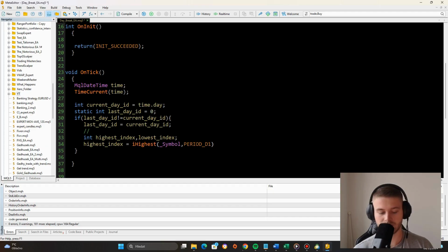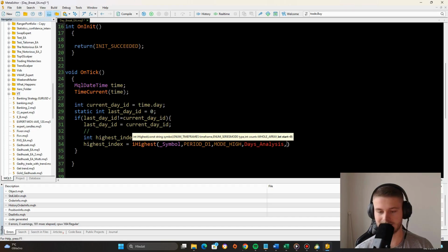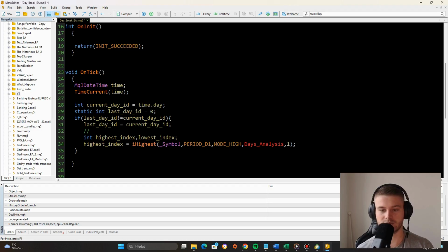Okay, so now MODE_HIGH, so I'm looking for the highest point. Count will be equal to daysAnalysis and starting at position 1, I guess. So this will return the index of the bar with the highest price, which I can use later.